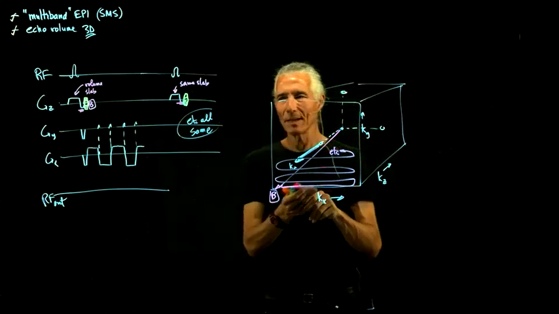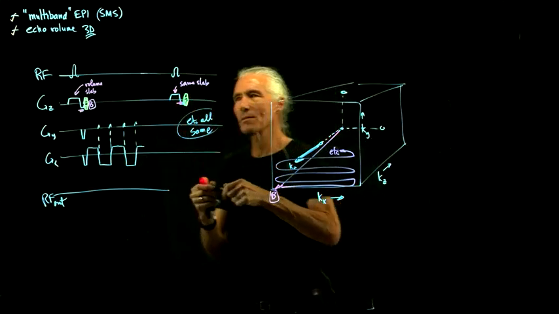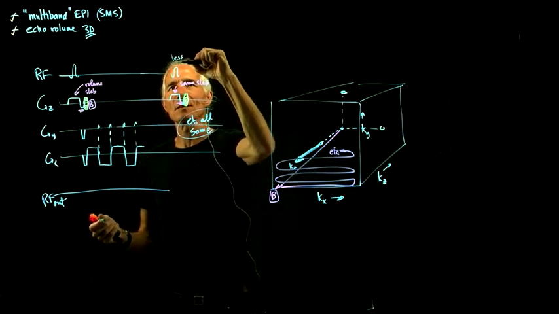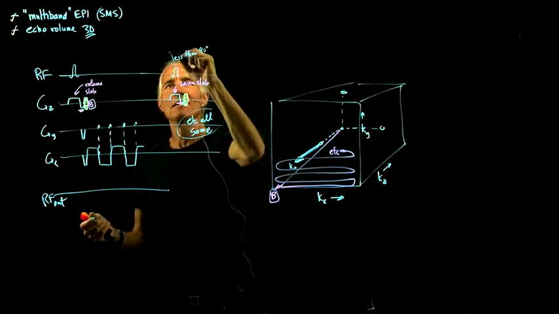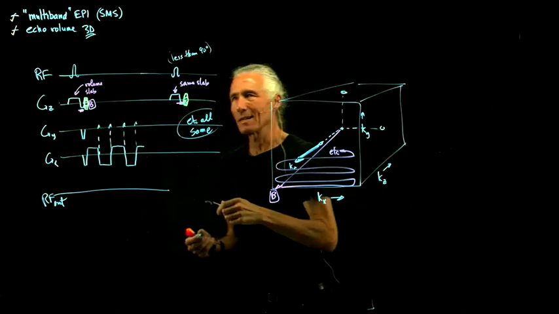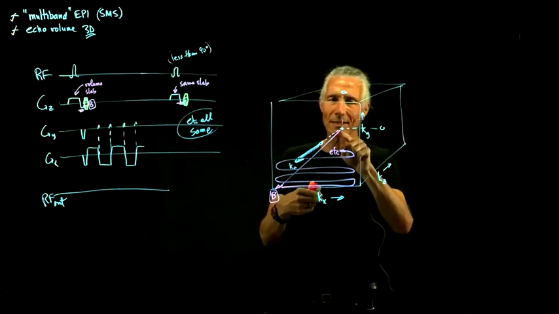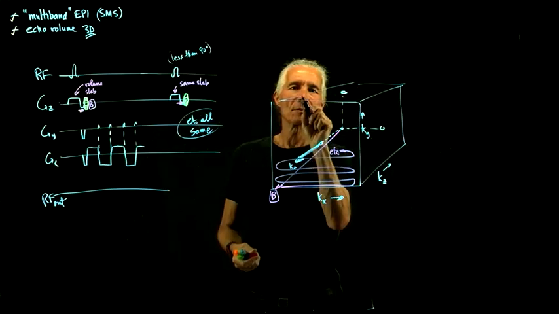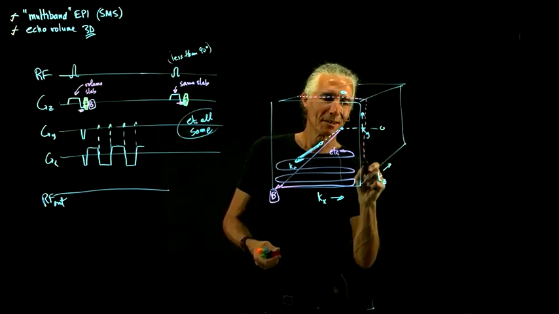Well, we go back to the center of k-space because we did another RF pulse. So this could be like our less than 90 because we're doing these much quicker. Less than 90, both of these guys. And so we go back to the center of k-space, and then we would come to the next plane of k-space right here.